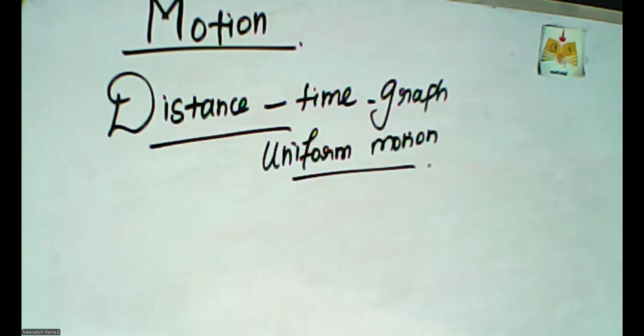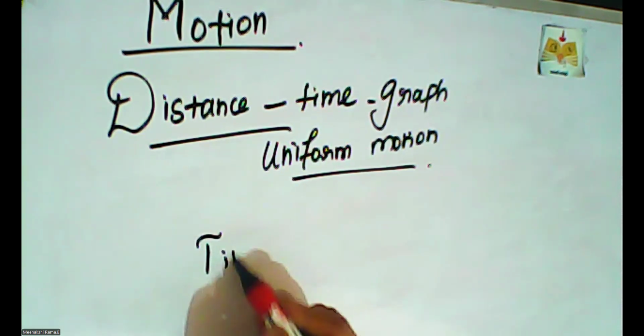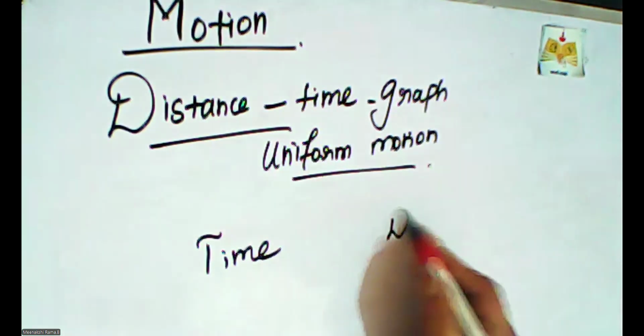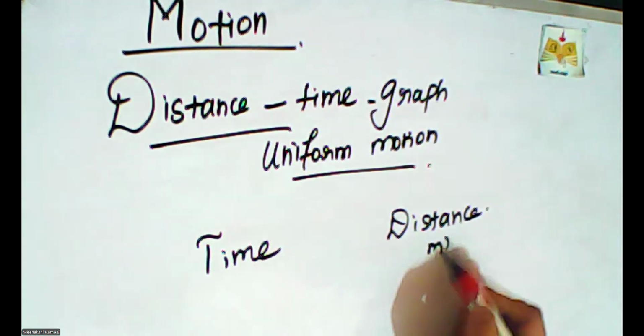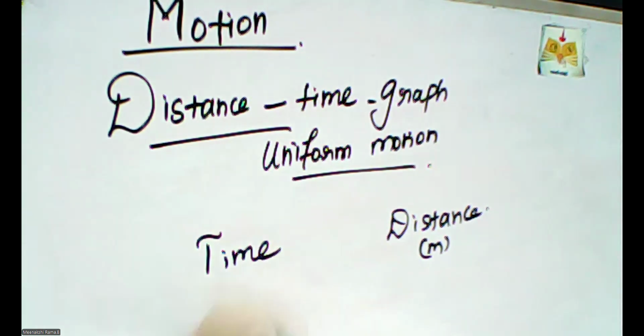So why I say it like that: in this graph we need time details and then distance details. Okay, so that person walks on a plain road or in a very good park or open area.